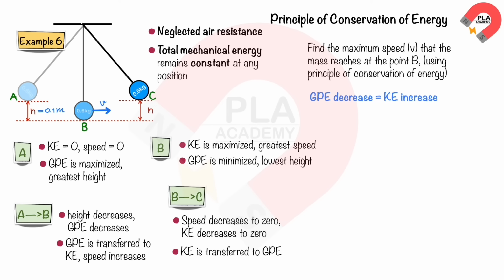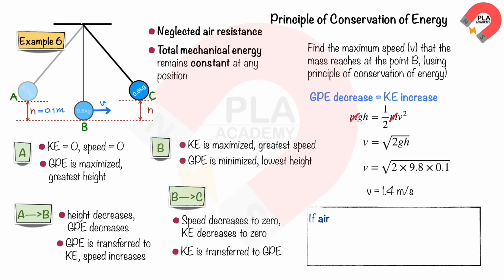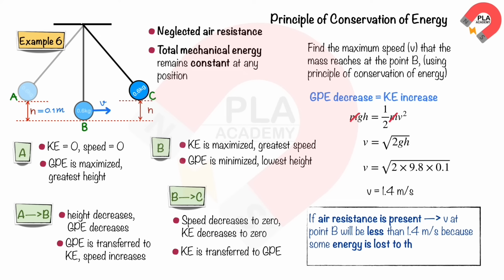Using the equation mgh equals half of m times v squared, we can substitute the values m equals 0.6, g equals 9.8, and h equals 0.1. Solving this equation, we find that the speed, v, equals 1.4 meters per second. If air resistance is present, the speed at which it reaches point B will be less than 1.4 meters per second, because some energy is lost to thermal energy due to air resistance.